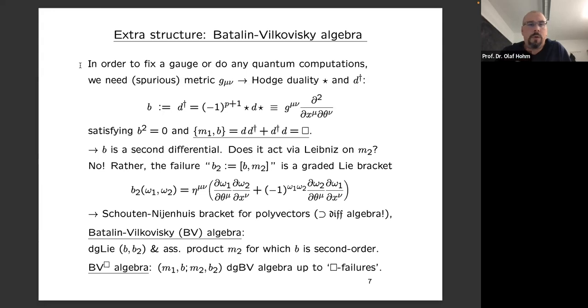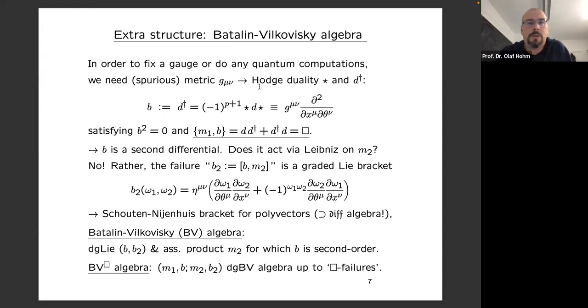But in order to do any sort of real computations, like quantum computations or Witten's famous treatment of the Jones polynomial and knot theory, you have to fix a gauge, for instance, and in order to do that, you have to pick a metric. So this I call a spurious metric, because you have to pick one, and then nothing is supposed to depend on it. So it doesn't really matter which one you pick. And at the end, things will be independent, or should be independent, of this initial choice, but you have to pick one. So this gives you now an extra structure, which turns out to be important for the double copy.